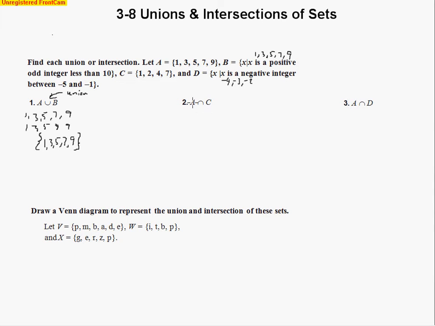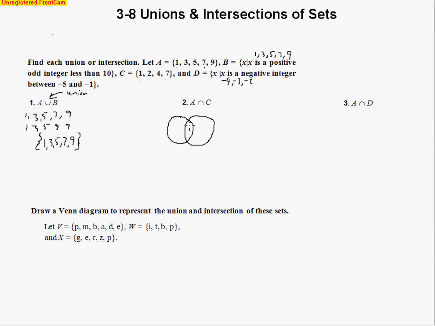It says A intersect C. So let's take a look at what intersects. Let's draw a Venn diagram for this one. We'll write down what would be in the center, what they share in common. And so I see that C shares not only a 1, but it also shares a 7. 1 and 7 are in both these sets.